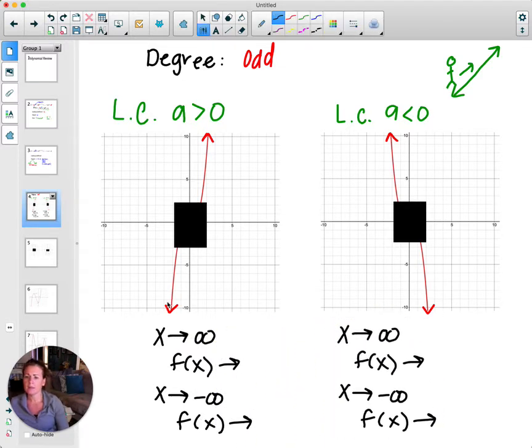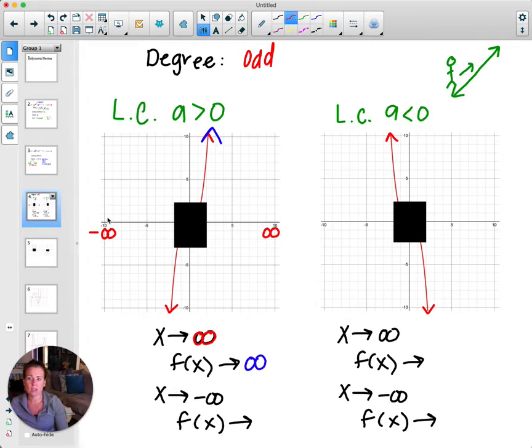So on this one, as x approaches infinity, so remember infinity for the x's is over here and negative infinity is over here. Okay, so as x is going to infinity, where is your function at? Okay, and this function is going up on the right-hand side. So if we could zoom out, this would be way, way, way up off the screen at positive infinity.